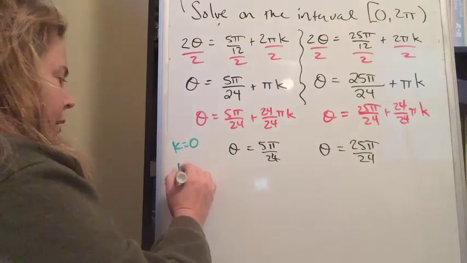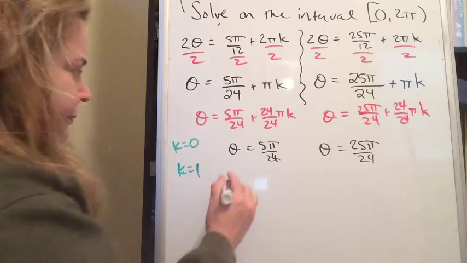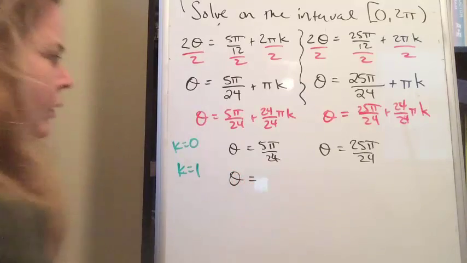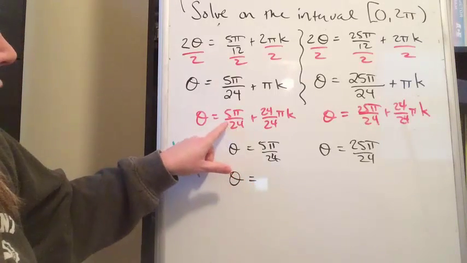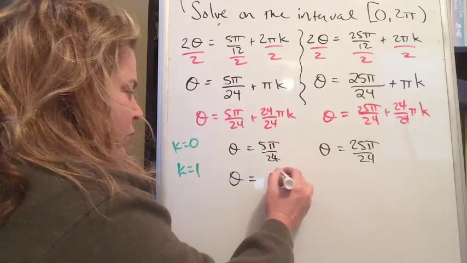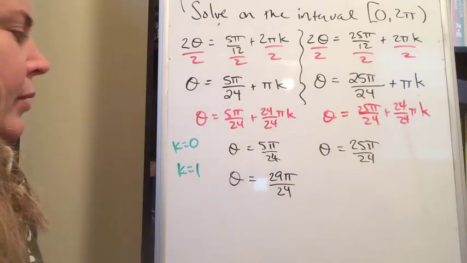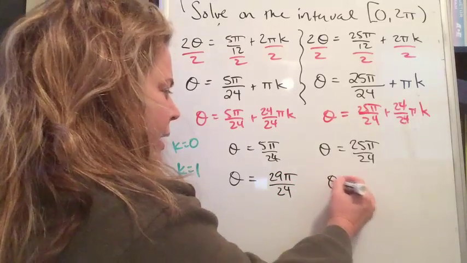What about when k is 1? So we would have 5 pi over 24 plus 24 over 24 pi, one of them. So that's 29 pi over 24. Is that bigger than 2 pi? No. And what about this one?